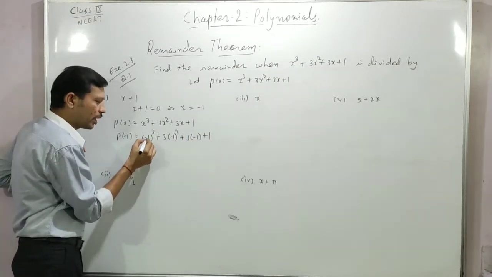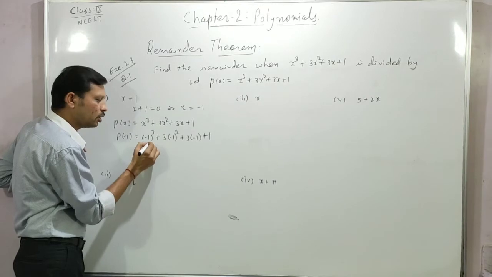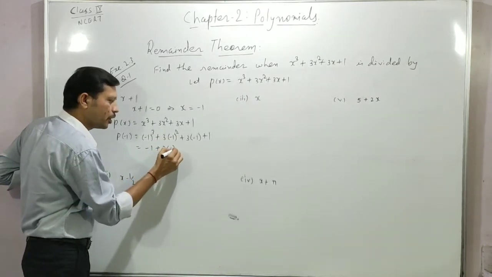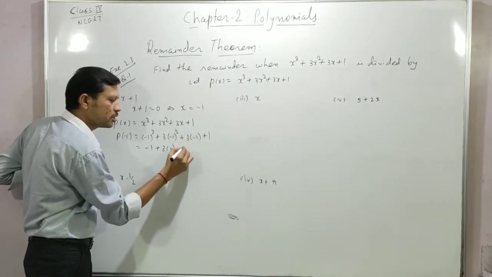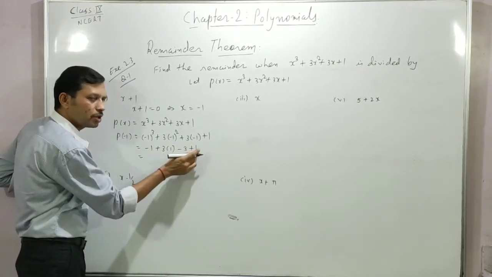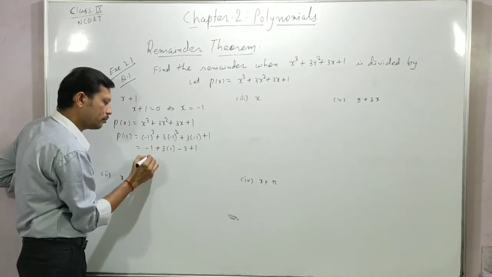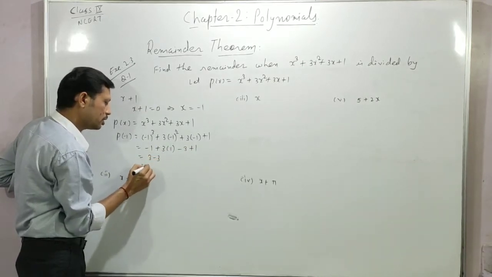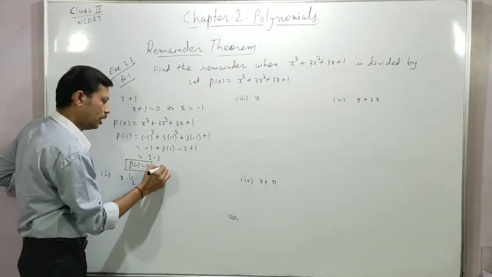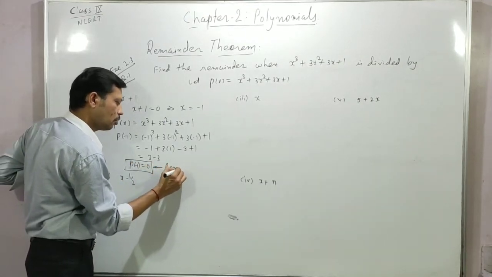So minus 1 the cube, negative number, odd power, so the answer is negative, that is minus 1. Plus 3 times minus 1 the square is plus 1, so plus 3. Plus 3 times minus 1 is minus 3, and plus 1. Now you can see minus 1 and plus 1 cancel out, plus 3 and minus 3 also cancel out, so that is 0.